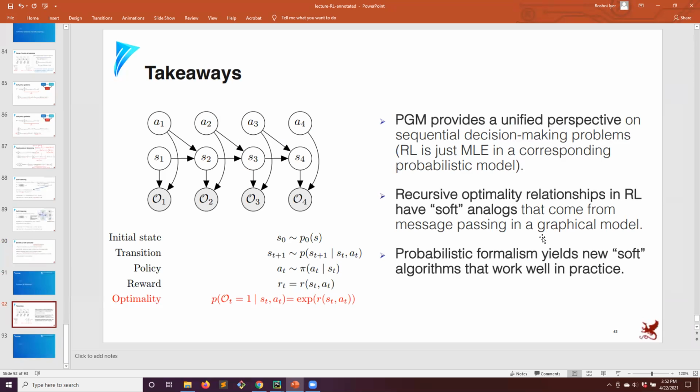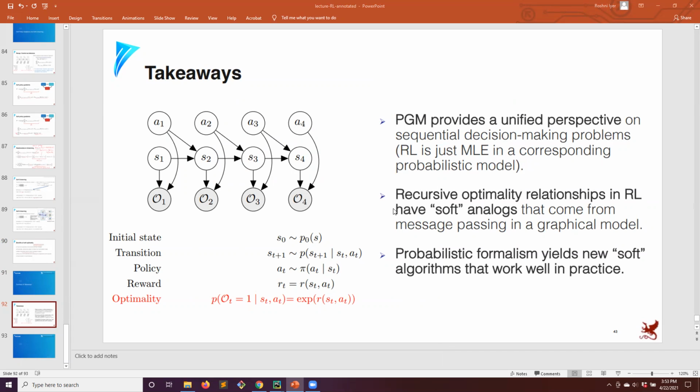And lastly, just some summaries. This probabilistic graphical model provides a unifying perspective on sequential decision-making problems. And we saw that there's a special relationship between probabilistic graphical models and maximum likelihood estimation, where the trajectories are weighted by the rewards. But in MLE, we learn a policy to just estimate what the expert is doing by following that.